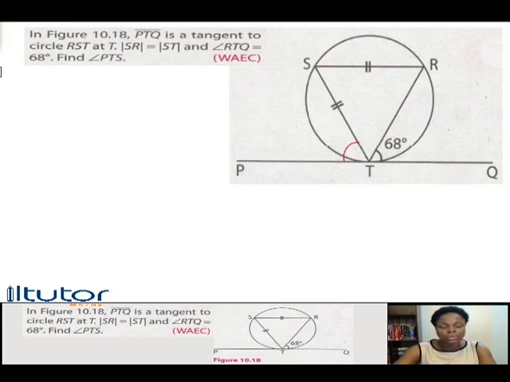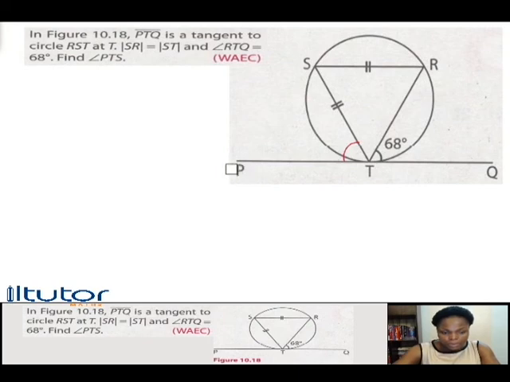So now one of the theorems, the tangent theorem, is that the angle between the tangent to a circle and a chord through the point of contact is equal to the angle in the alternate segment. Now we're going to take this gradually so we can fully understand.